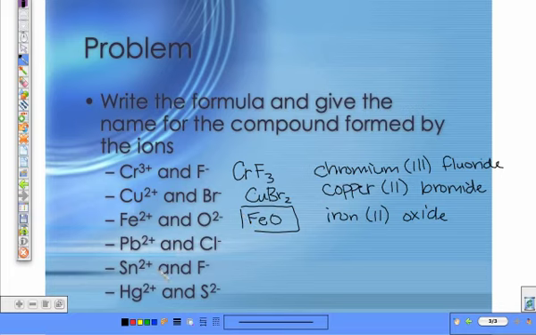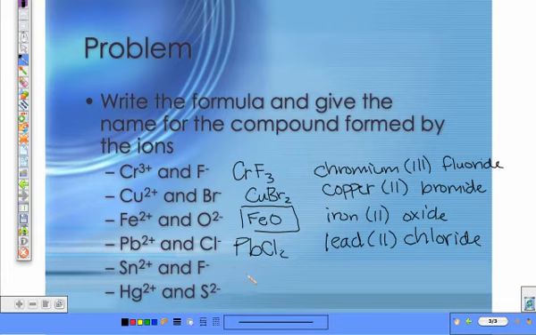How about lead and chloride? PbCl2, and the name? Lead(II). Sn and F? Oh, you can put them capitalized, it doesn't matter.